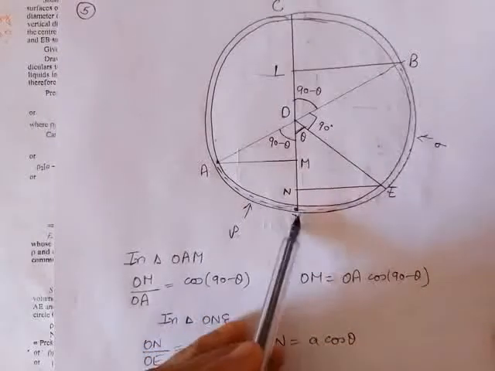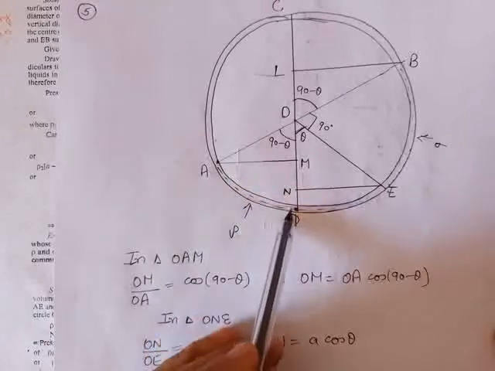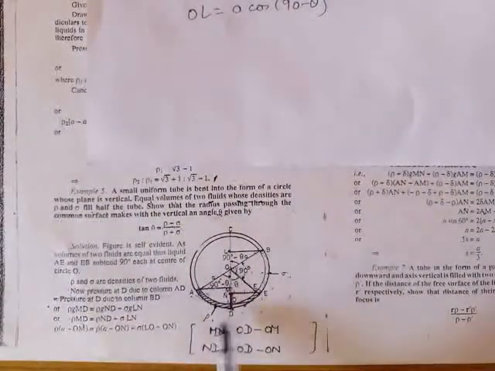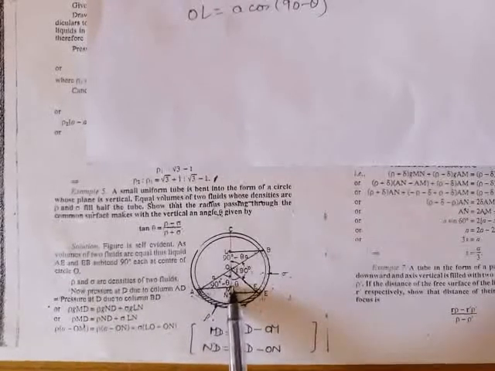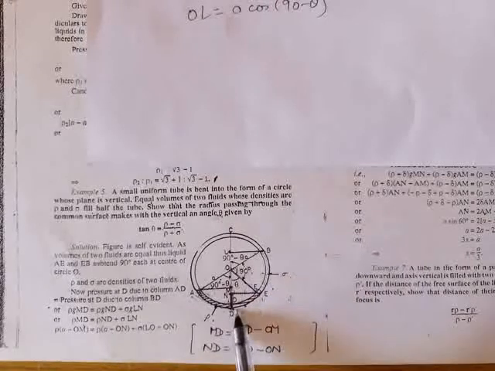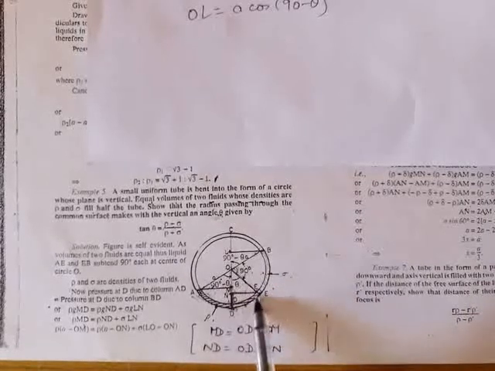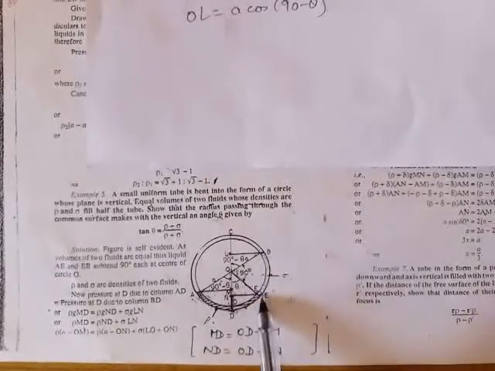The pressure at the point D due to the column AD is given by rho g times the distance MD. On the right side, consider the pressure at the point D due to the column BD. Here BD consists of two parts: one part is the column DE, another part is BE.